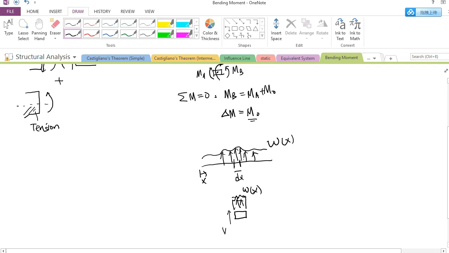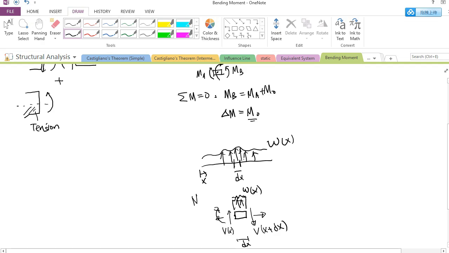This shear force is called V of x, because it is at position x. And the shear force here is called V of x plus dx. Let me remind you, the distance here is dx. Of course, we have axial force, which doesn't matter, it will not affect the moment and also shear force. And then we have moment, in this case, this is moment.